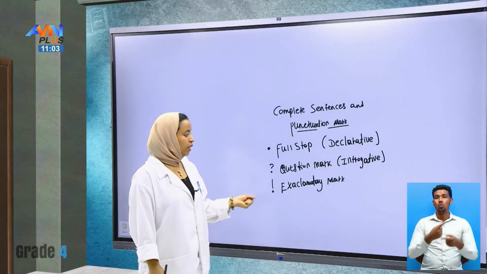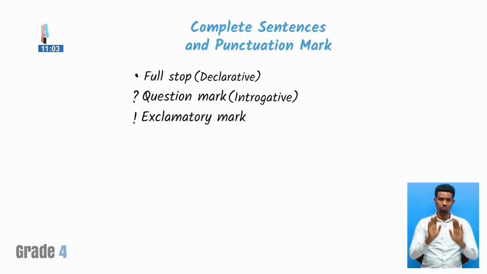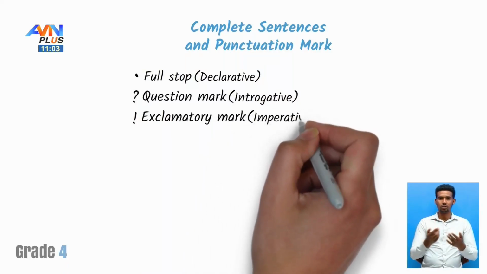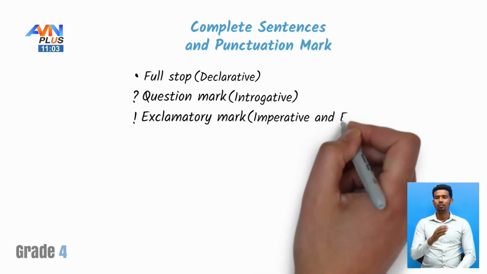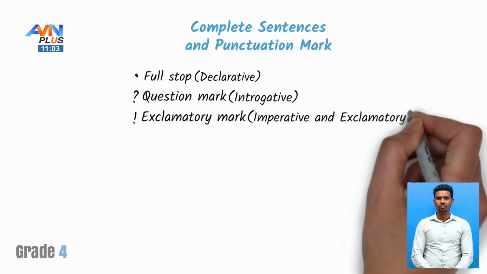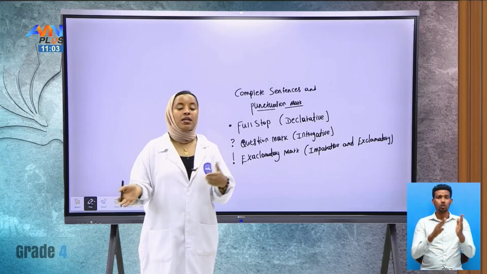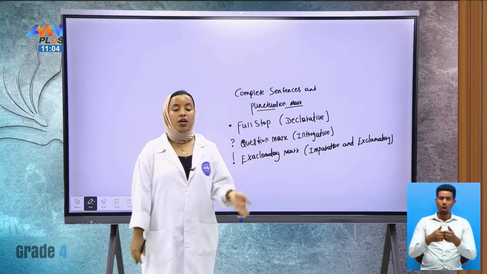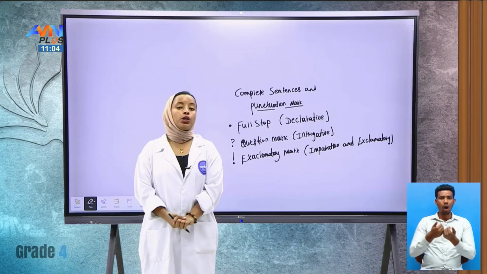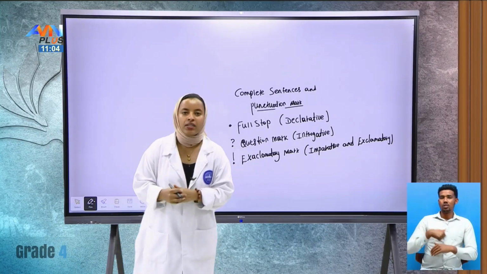When we come to exclamatory mark, we can use it for both exclamatory sentences and imperative sentences. These are how we can use punctuation marks with sentences. This was our previous lesson: how to use punctuation marks for sentences.